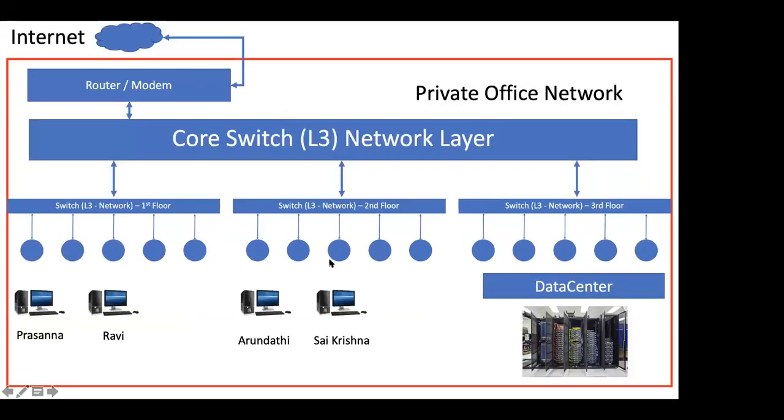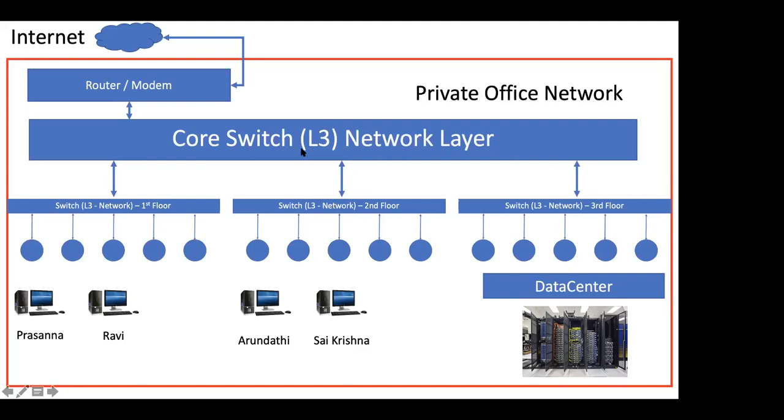So now let me reiterate: this red box that you see is your private office network, which has several components in it, like your router or modem, which is used to connect to the internet. You have your core switch, which is the layer 3 network layer, and you have your other hubs where your individual clients can connect, or you also have servers which connect to the core network.